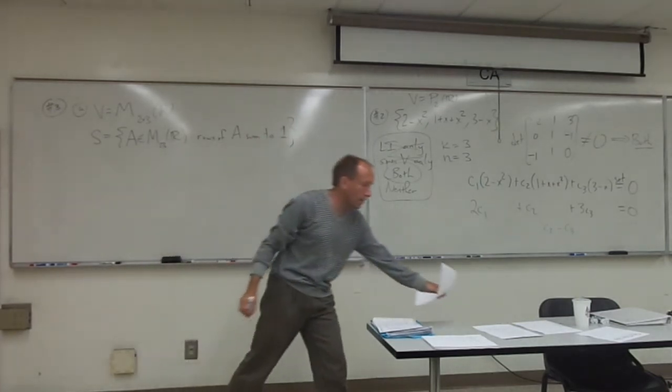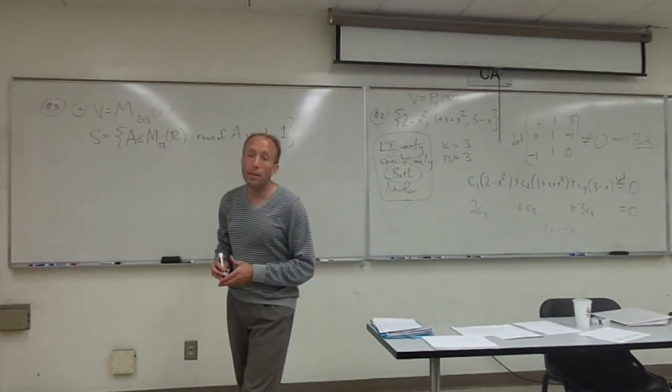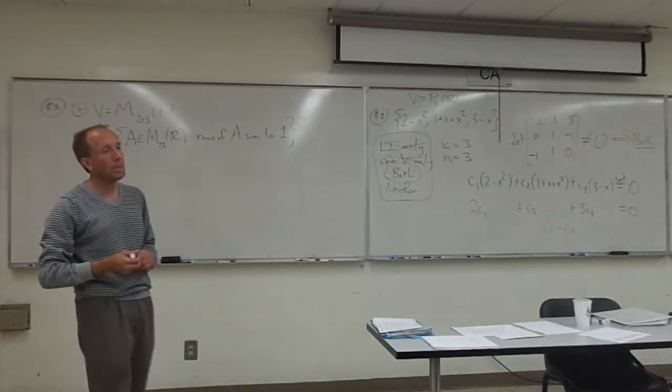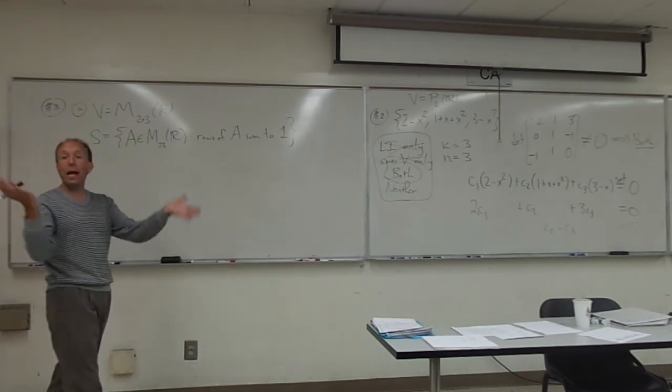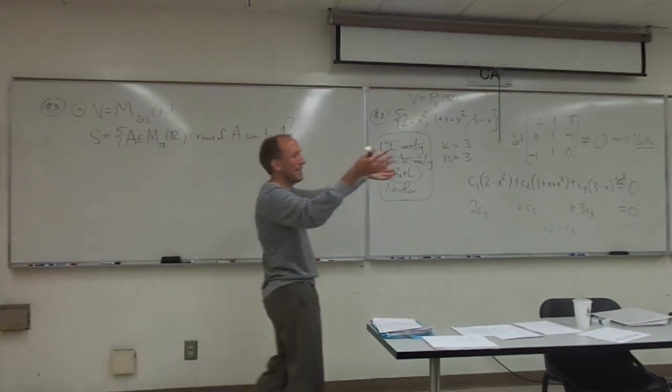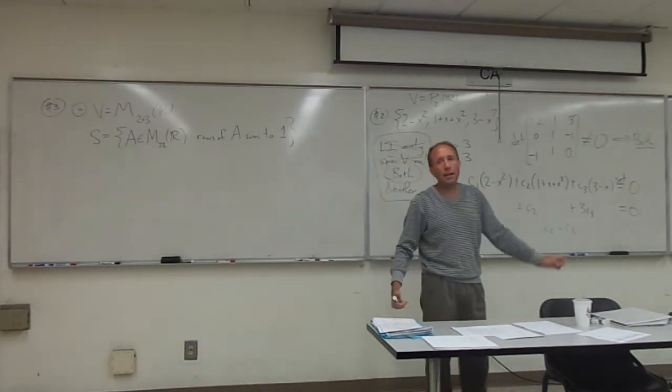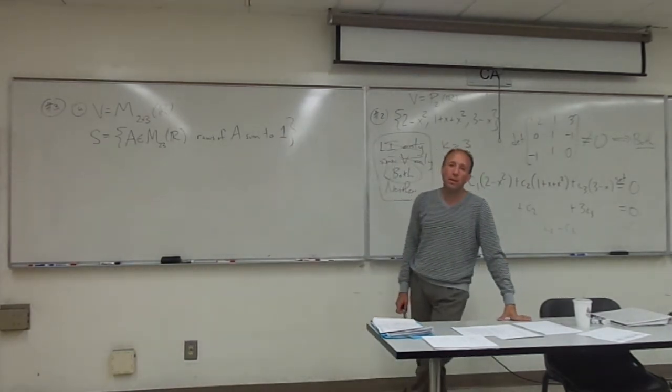And the question is asking you to show that it's a subspace or explain why it's not a subspace. So it's kind of a thumbs up, thumbs down question, right? It's a yes/no question.